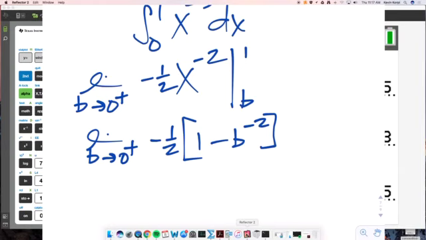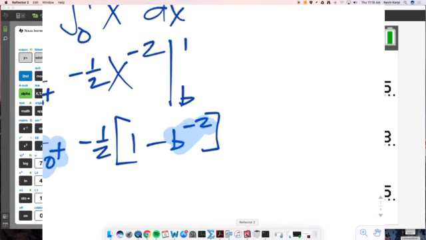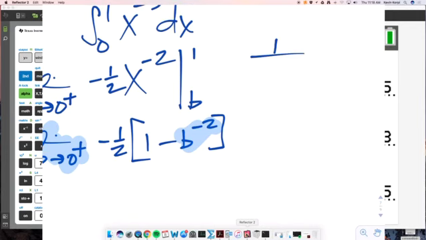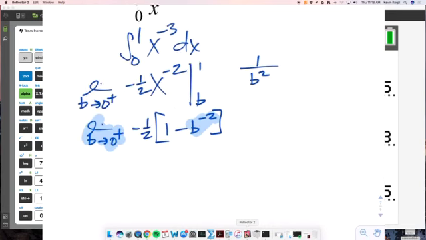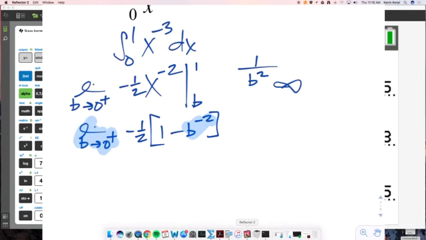All right, now we can evaluate it, and we've got to be careful. If you plug in a 0, you get 0 to the negative second. 0 to any positive power is 0, but 0 to the negative second is really like 1 over b squared, which as we plug in 0 is infinity. And is it positive or negative infinity? That's important here.